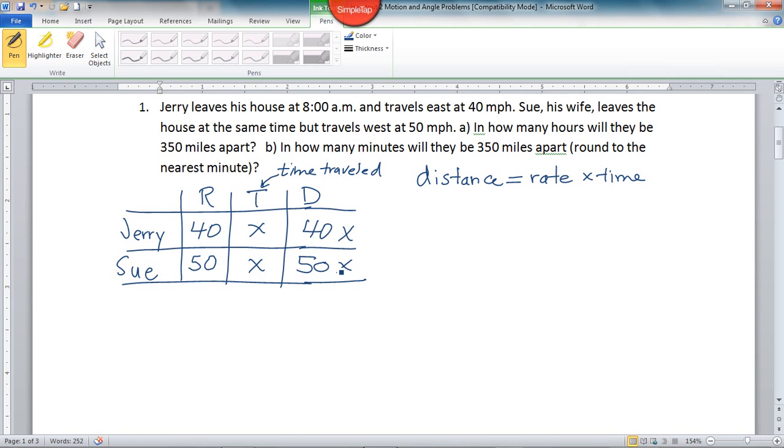Now let's think about our equation, see if we can get an equation out of this. What we also know is that we want them to be 350 miles apart. So in other words, we want the total distance to be 350 miles. Well, if we draw out that scenario, let's say this is Jerry and Sue's house right here.